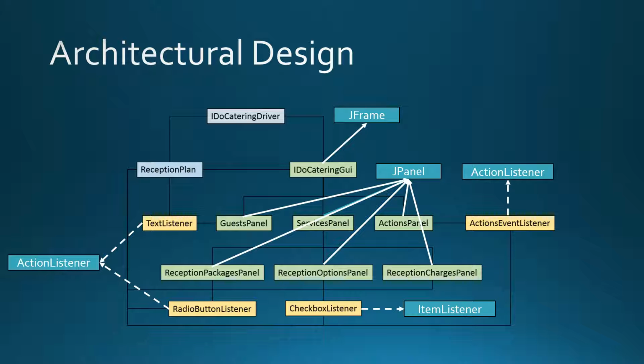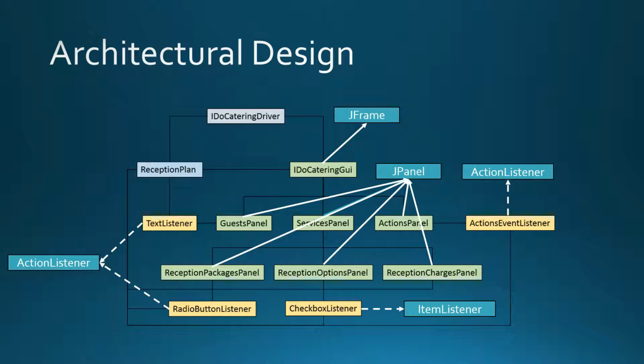The iDo catering GUI is going to have 3 components: the guest panel, the services panel, and the actions panel. That is, our overall GUI is going to consist of 3 main panels. These are all going to be subclasses of JPanel.